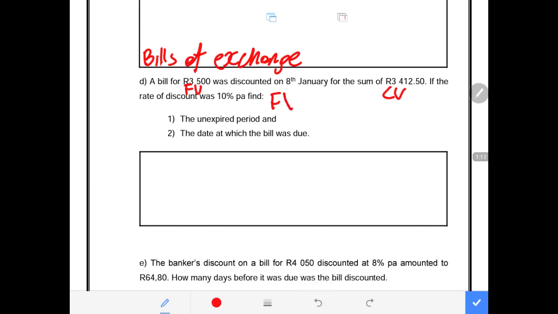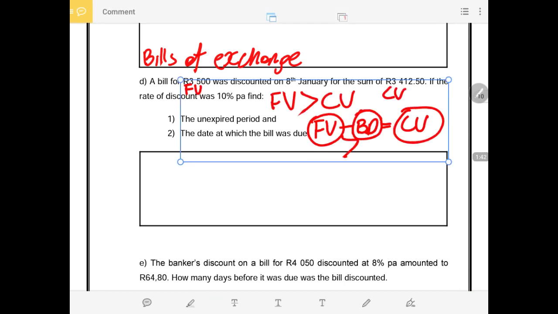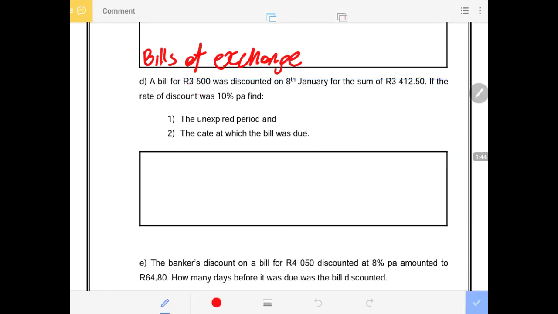The reason why the face value is always greater than the cash value is that from the face value there will always be a deduction of the banker's discount in order for us to get to the cash value of the bill. It is this deduction that makes the face value always greater than the cash value. Please do master that, it is quite important.